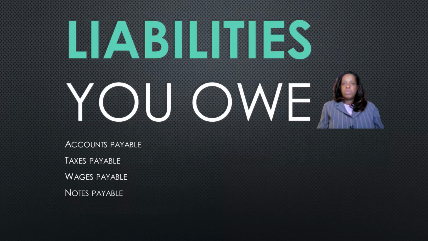That's how many people define them. Many times you will see the word payable. When you see the word payable, those are what we call liabilities. But some liabilities don't have the word payable at the end, and you'll see some as we go along.